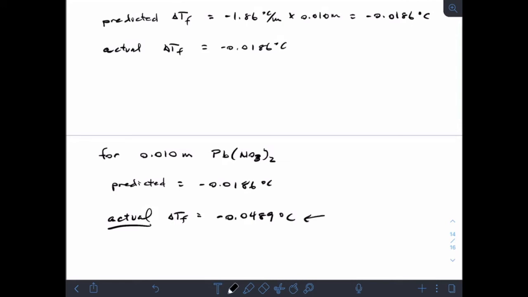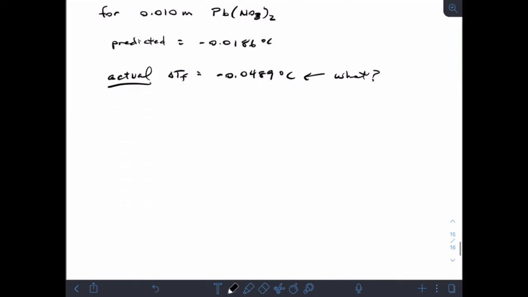Okay, so what? All right, so if everything is working perfectly and everything's ideal, then we should get the same for the lead nitrate as for the acetic acid. But experimentally, that wasn't the case. So scientists said, well, is it ionization? Right?